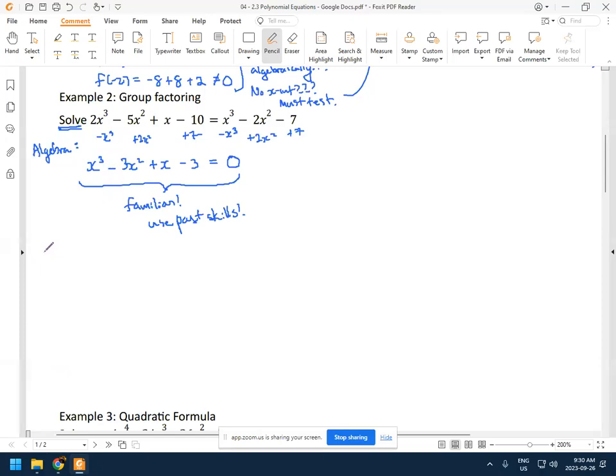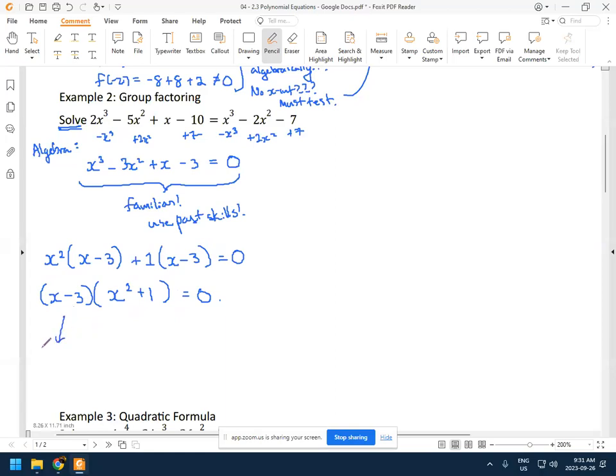You can always do factor theorem as well, but let's work on this. If I factor out an x squared, I get x minus 3 plus, and then I have x minus 3. I hope you see where this is going. This becomes x minus 3 factored out, leaving me with x squared plus 1 equals 0.